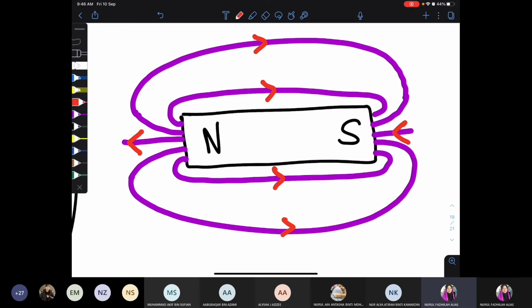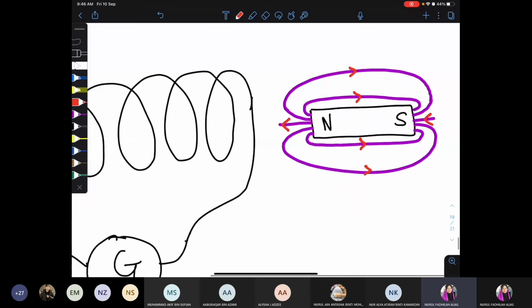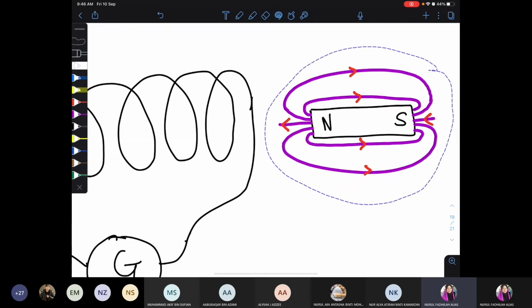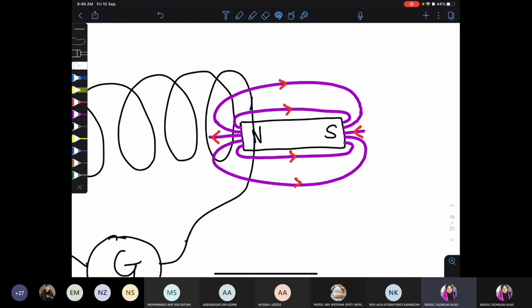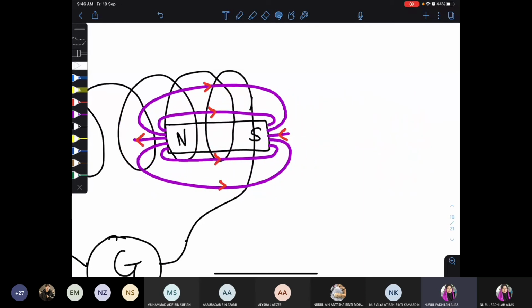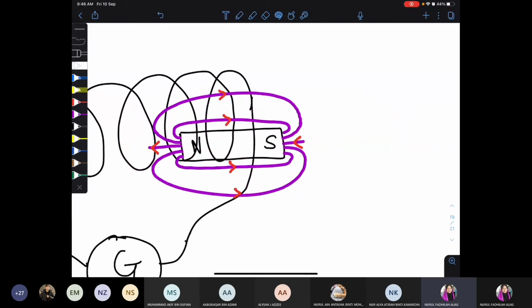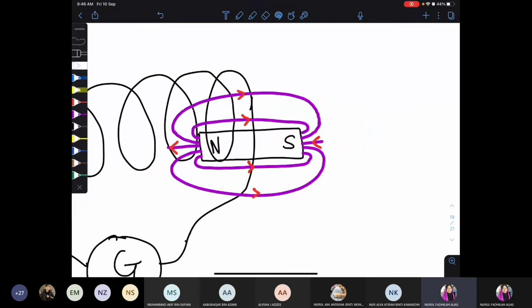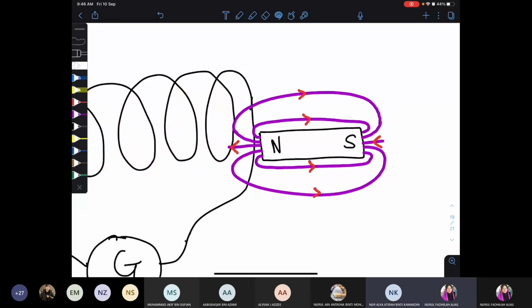Now, what happen kalau saya ambil ni, macam mana nak buat menunjukkan dia macam ada pergerakan. Okay, sekarang ni kan saya ambil, saya masukkan sini. Ambil, masukkan sini. What happen? Macam ada benda tak yang mengacau magnetic field lines itu? Ada. Nampak tak?